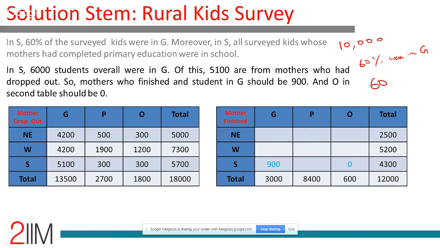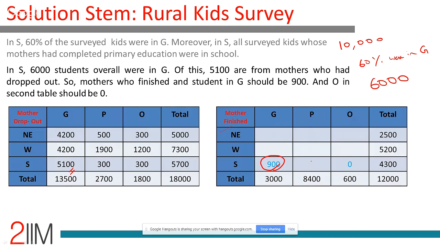So 6,000 were in government schools. 5,100 are here. This one should be 900. Totally 6,000 from the South are in government schools, 5,100 from mothers who dropped out. So the remaining 900 will be from mothers who completed primary education.